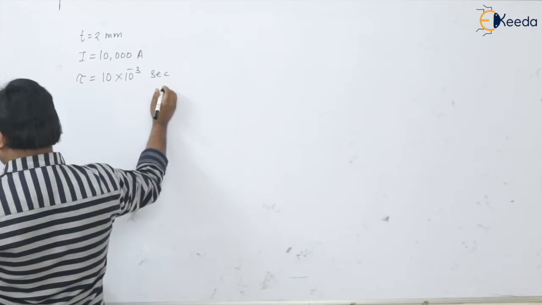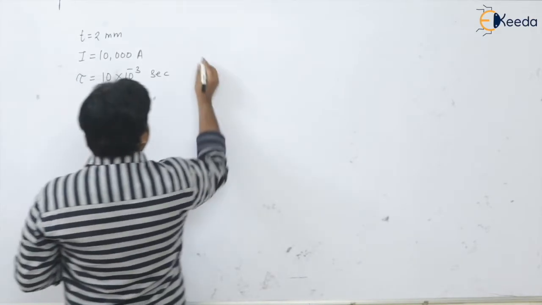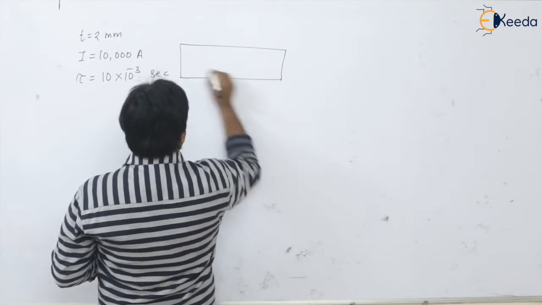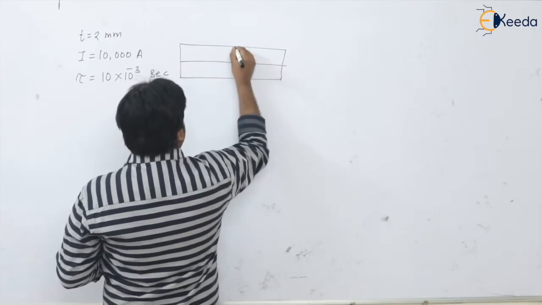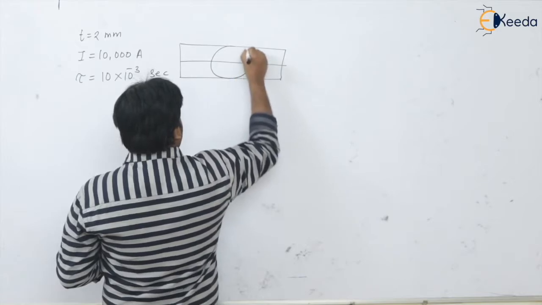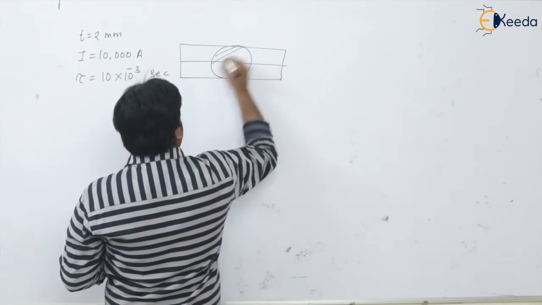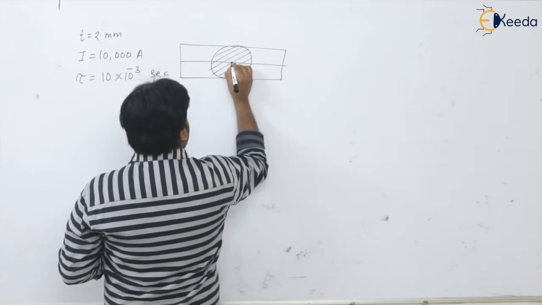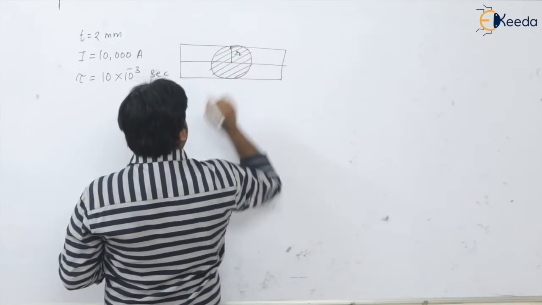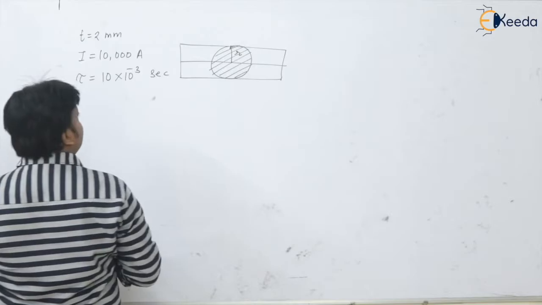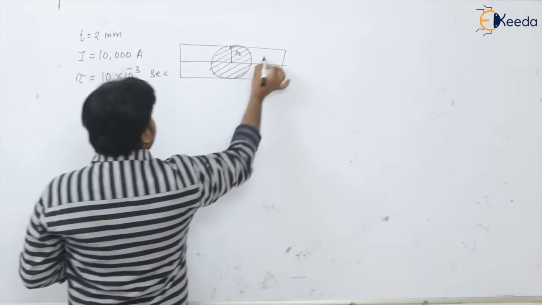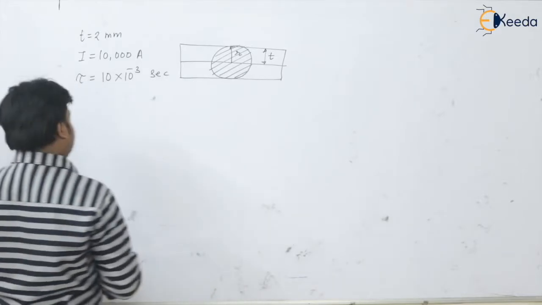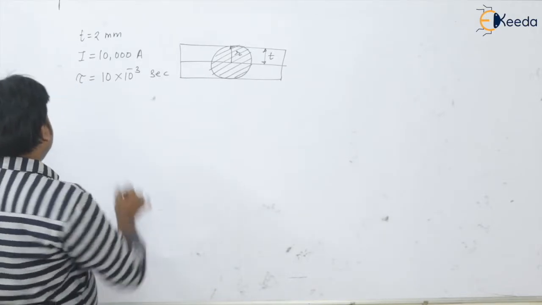And the spherical fusion zone, the nugget that forms in the lap configuration, they are saying it is spherical and extending up to the full sheet thickness. So definitely R, the radius of the spherical nugget, is equal to the thickness of the plate.